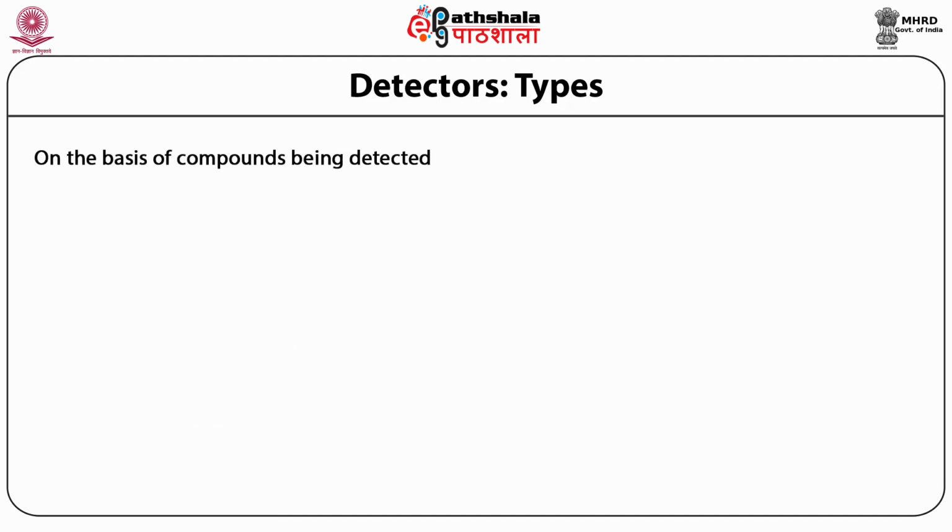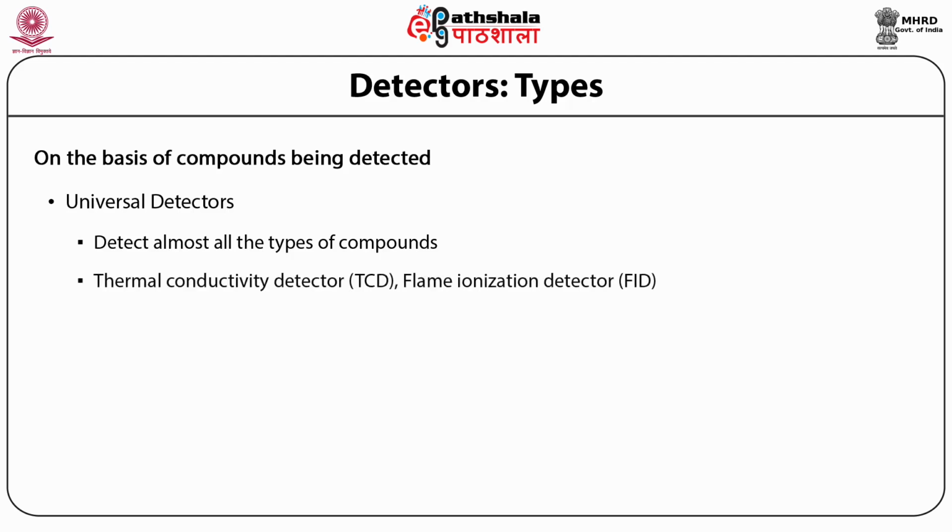On the basis of compounds being detected, gas chromatography detectors can be of two types, universal and selective. As the name suggests, a universal detector can detect almost all the types of compounds that elute out in the process. For example, thermal conductivity detector and flame ionization detector.